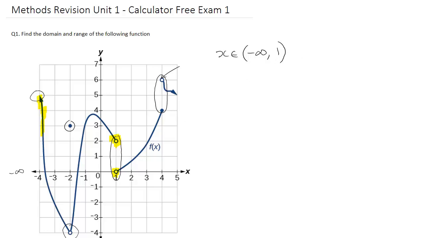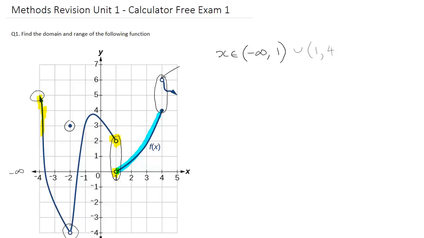And then it starts off again at 1. This branch starts off, but again, that branch starts off by not including the value of 1. So it's union 1 up to an x value of 4, and you are including 4.